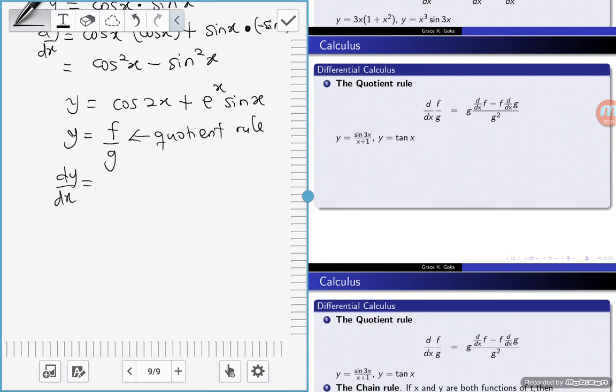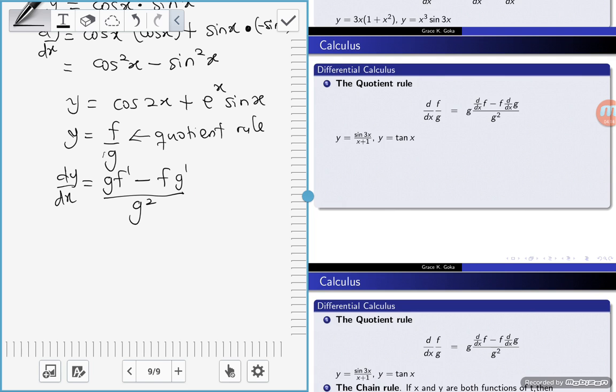And the quotient rule is keeping the denominator constant, so g, differentiate the numerator f prime, minus keep f constant and differentiate the denominator, all over the denominator squared. Alright, so this is more like a combination of the product rule, the sum rule, and the difference rule. You keep the denominator constant times differentiate the numerator, minus keep the numerator constant times differentiate the denominator, all over the denominator squared.